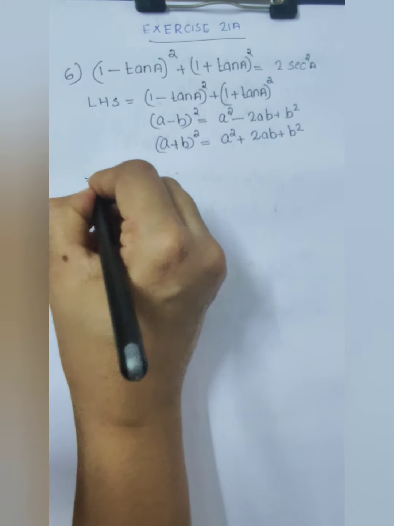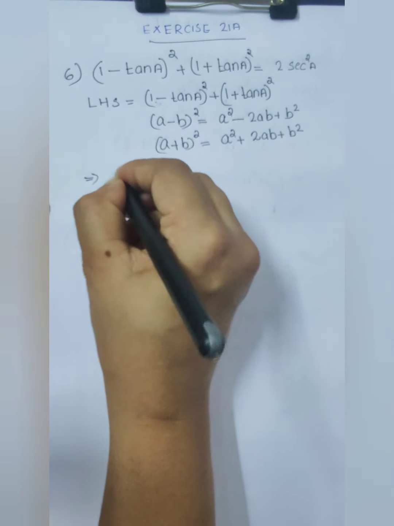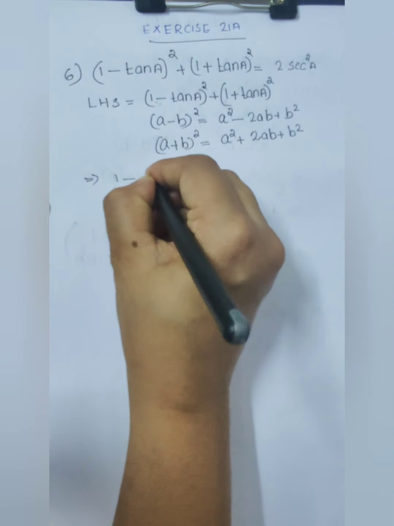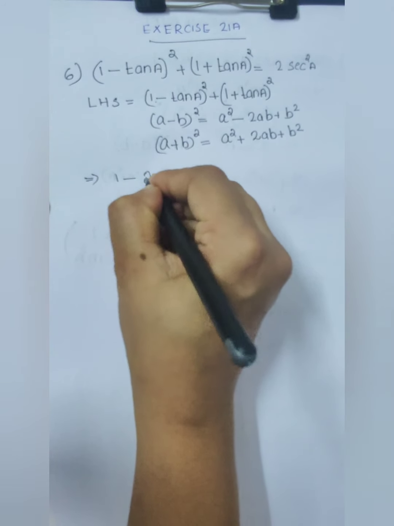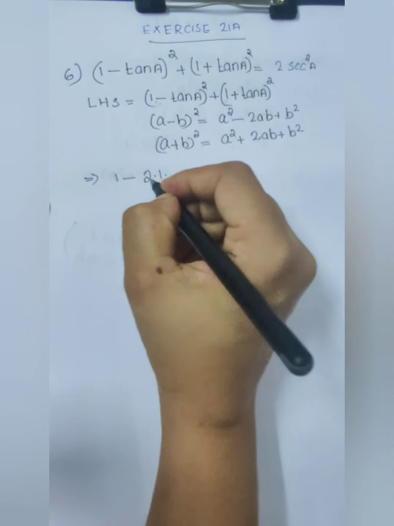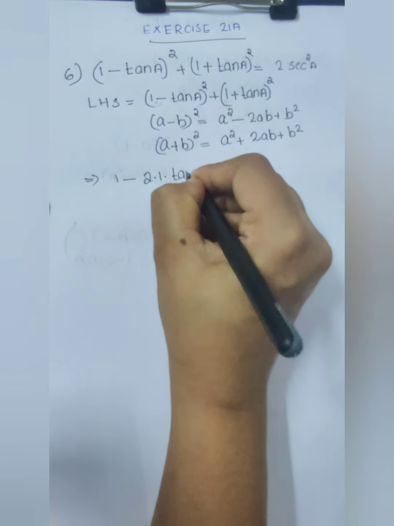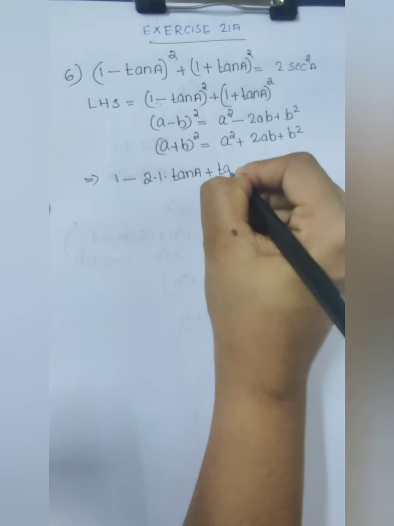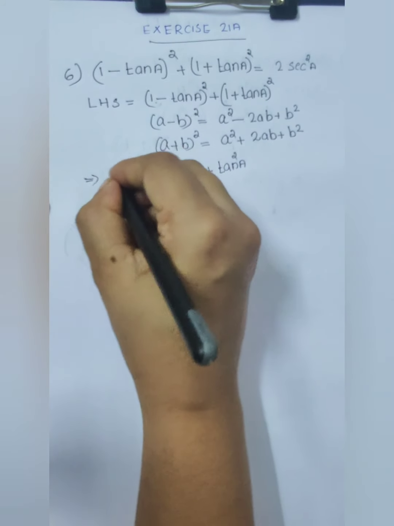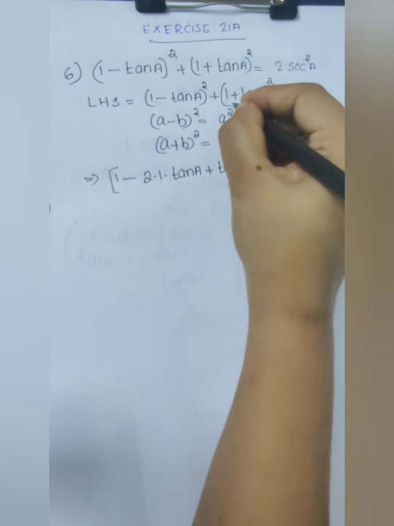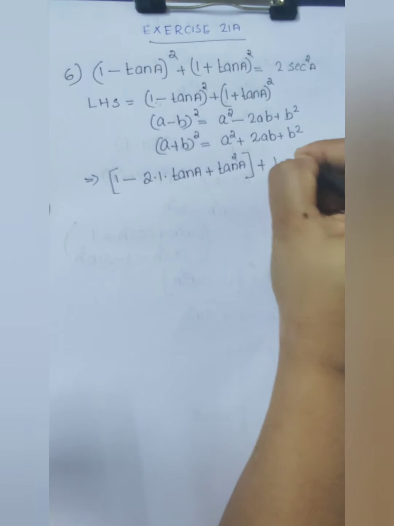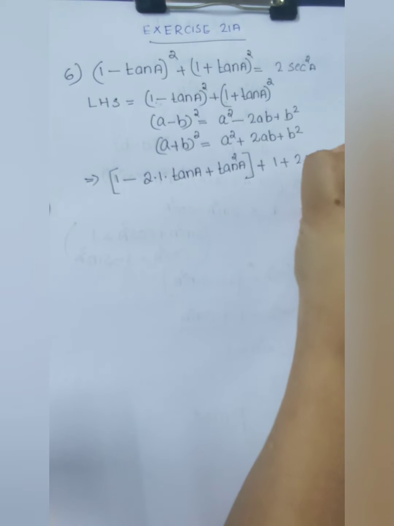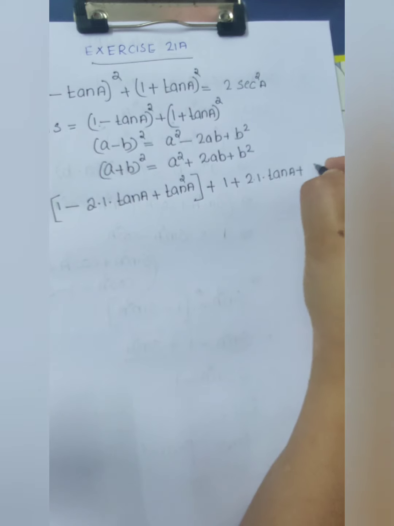Now LHS will become a minus b whole square, that is 1 square minus 2 into 1 into tan a plus b square, that is tan square a, plus a plus b whole square, that is 1 plus 2 into 1 into tan a plus b square, that is tan square a.